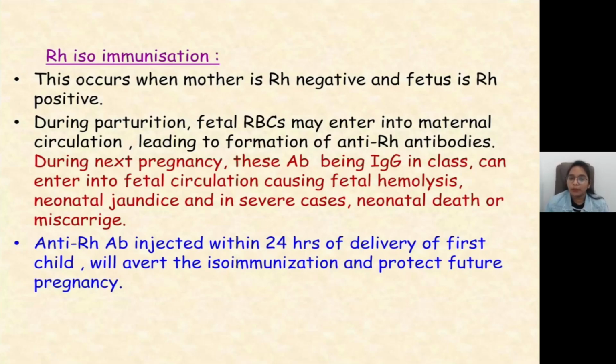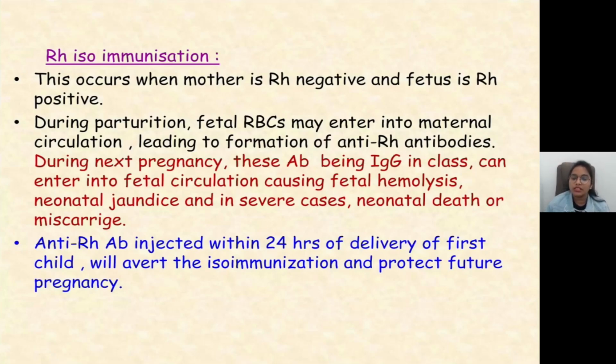During parturition, fetal RBCs can enter the maternal circulation and lead to the formation of anti-Rh antibodies. So the first pregnancy will be normal, but the second pregnancy will be affected: the antibody, being IgG in class, can enter the fetal circulation, causing fetal hemolysis or neonatal jaundice, and they can also cause neonatal death or miscarriage, right?